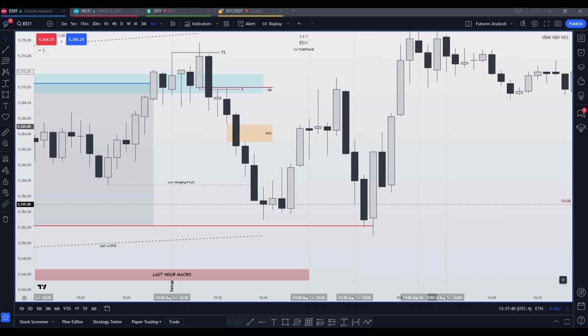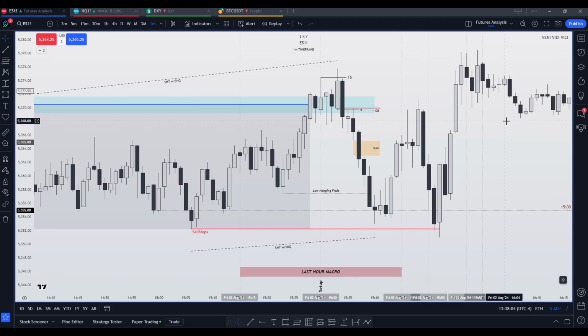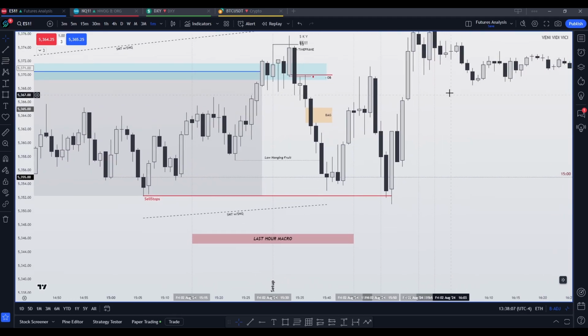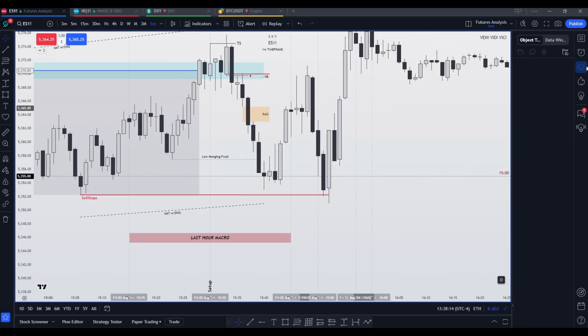Because remember, from 15:15 to 16:00, the market will stop pulling, aka the market will stop running in one direction, either bullish or bearish, to target some sort of liquidity or inefficiency. So by this time, you already need to be in a position and preferably already at break even. You can see it's very, very simple. Mostly they are textbook scenarios. So let's jump on to the next one.